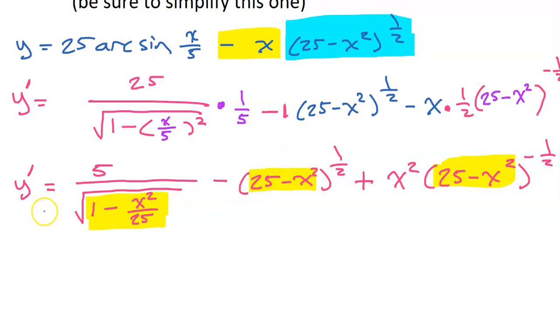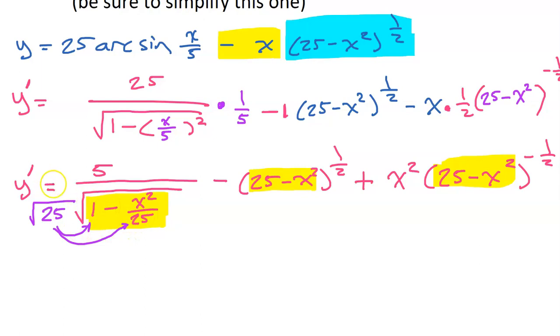If I could somehow multiply this by 25 and distribute, then the 25 times 1 would become the 25 that I wanted, and the 25 would cancel out this 25, leaving the x squared that I wanted. But that doesn't work if I have a 25 times a radical. It will work if I make it a radical 25. Then I can actually multiply the two together just like I wanted.